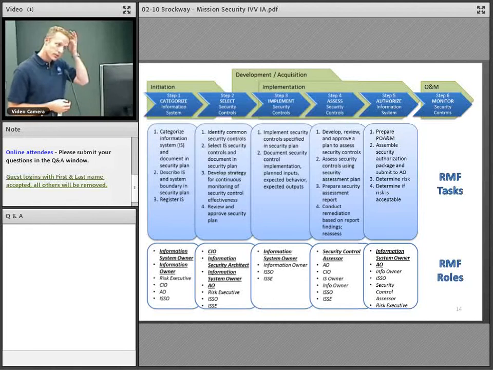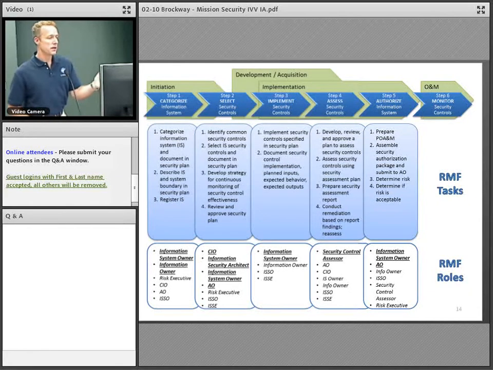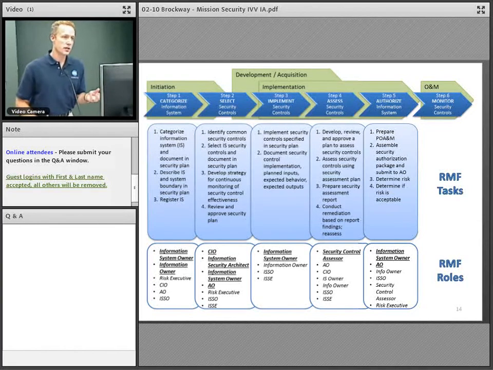And the real key takeaway here, and again, this summarizes an entire NIST document on the risk management framework, is to show that across the life cycle, there are various tasks that must be accomplished. There are inputs and outputs from those tasks, and there are various stakeholders to be satisfied.